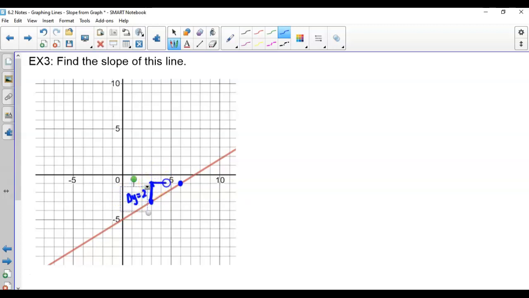And then I want to think about my change in x. So my change in x here, in this case, is going to be 3 because I would have to travel to the right 3. So my slope is going to equal change in y over change in x, which is 2 over 3 for this graph.